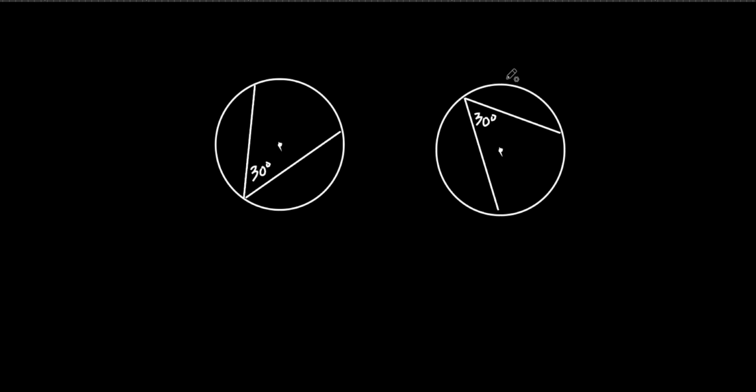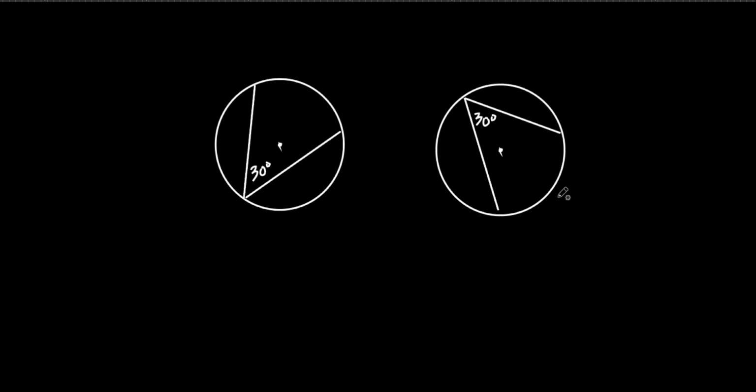Here's what it says. When you have congruent circles, or if you just have one big circle and two inscribed angles in one big circle, it works the same way. So in congruent circles or the same circle, inscribed angles, these two angles right here, are congruent if and only if they intercept congruent arcs.